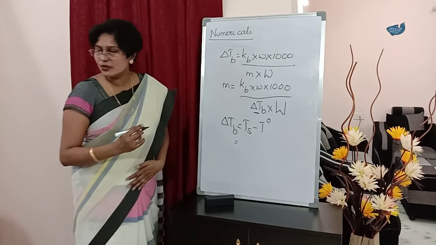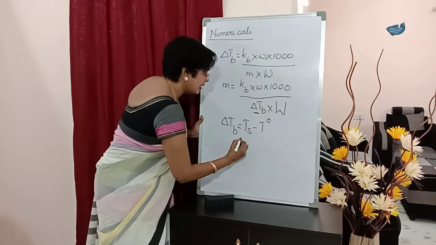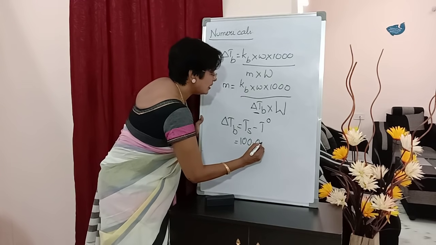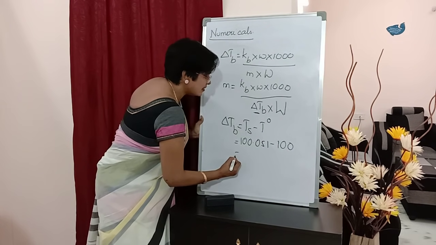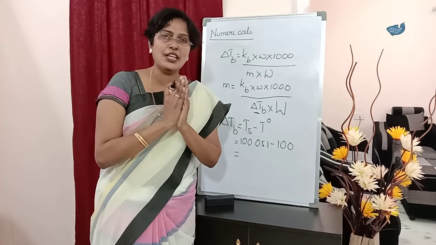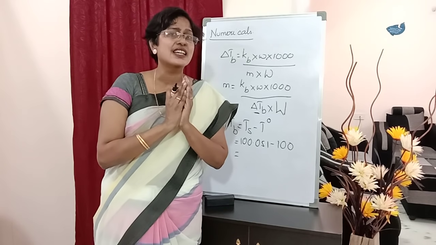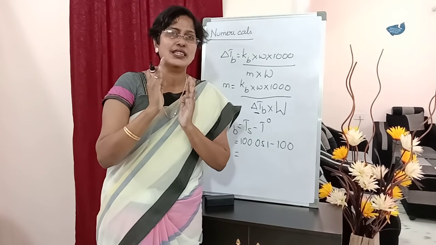So write down here. How much is Ts, students? Ts is 100.051 minus 100. Girls, please write down boiling point of water is 100 degrees centigrade, which is nothing but T naught.